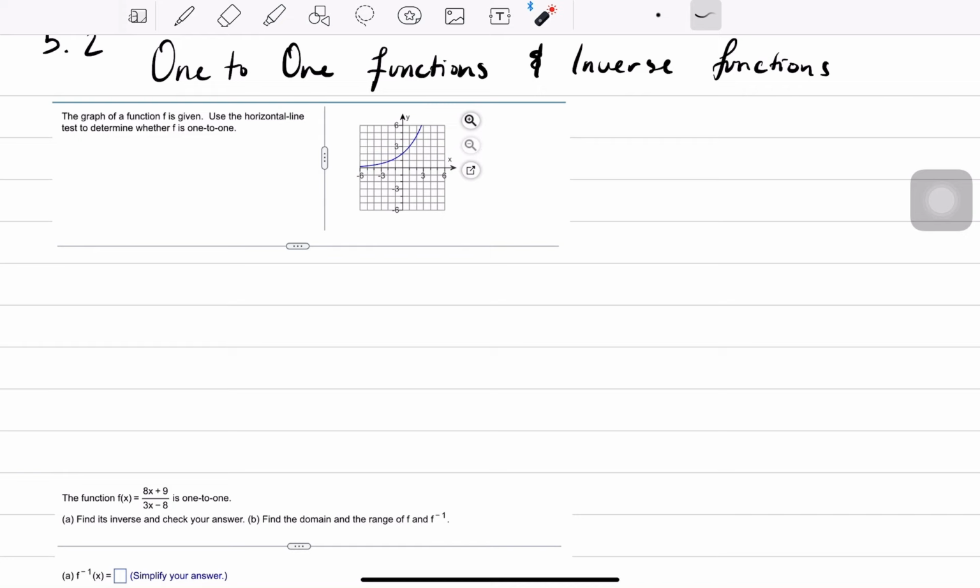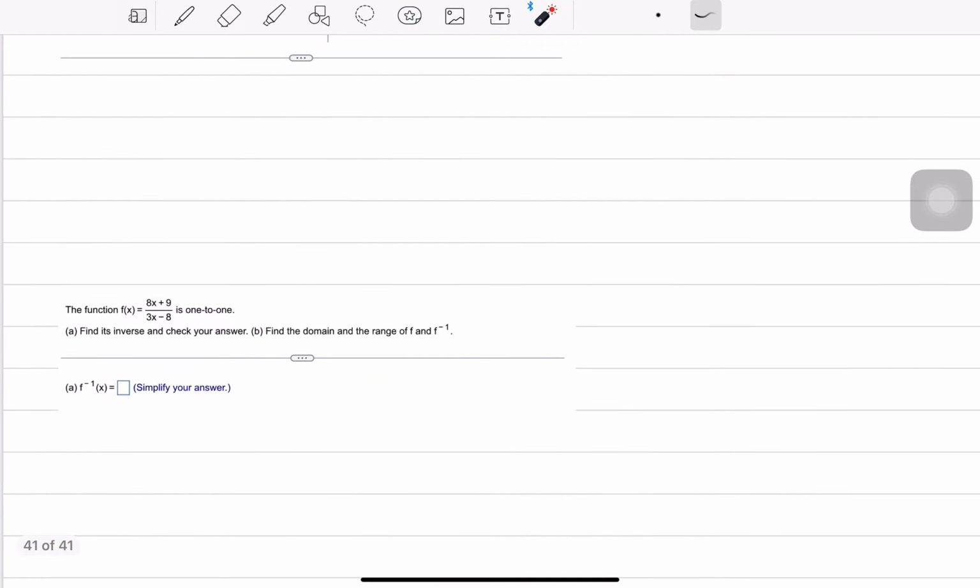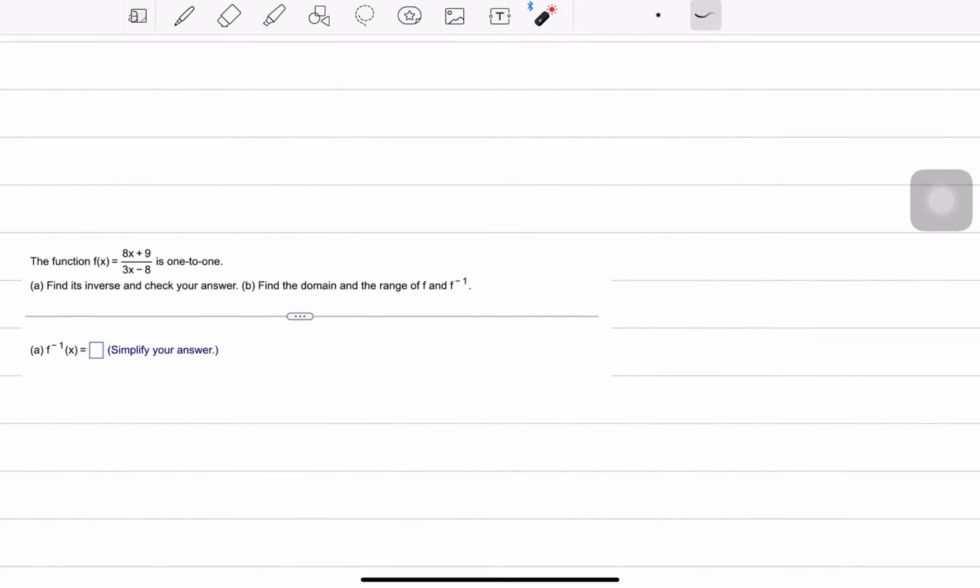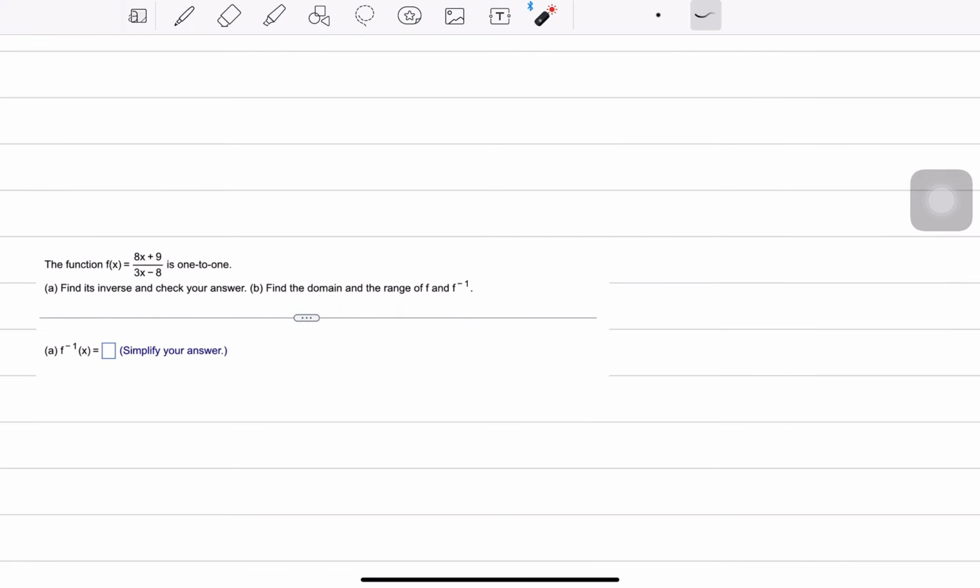So let's begin with the next problem, the algebraic one. Same concept, just you have to do a little bit more work. So we'll do that. All right. Here we have f of x, and it's asking us, is it one-to-one? Or sorry, not asking us, it's telling us it's one-to-one.